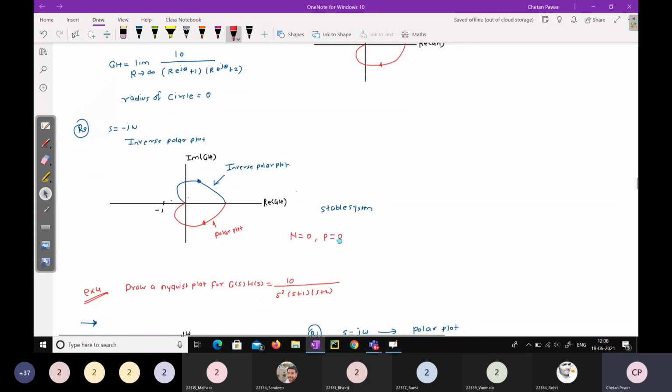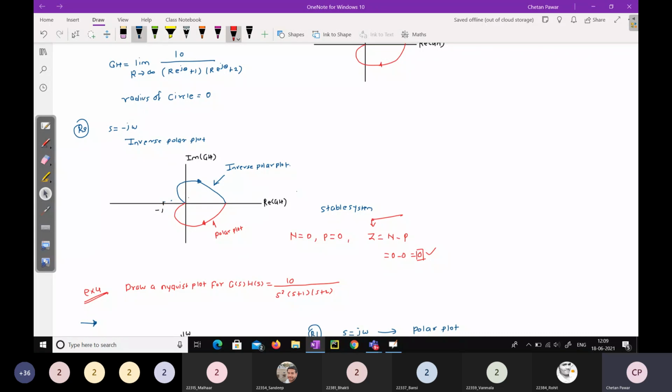Okay, so we got the value of N and P. We'll just find out the value of Z. And what is the Z? Can anyone tell me what is the Z? Closed loop poles in the Nyquist contour. Good. So that will be 0.